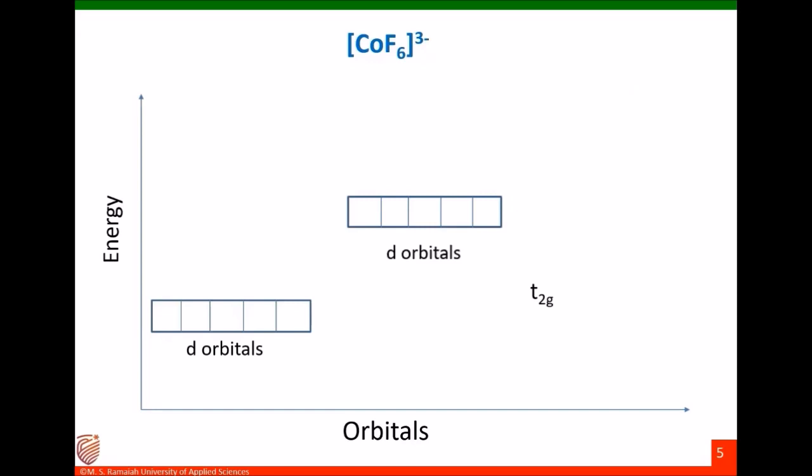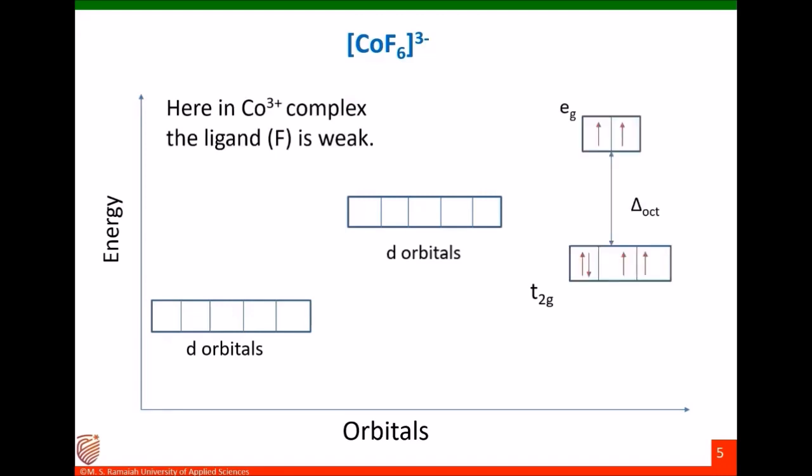In the case of [CoF6]3-, here also the cobalt oxidation state is 3 plus and it is in d6 configuration, and when the ligand approaches the orbitals will be split into two sets, t2g and eg. Now you can see the incoming ligand is a fluoride group. So fluoride compared to ammonia is weak.